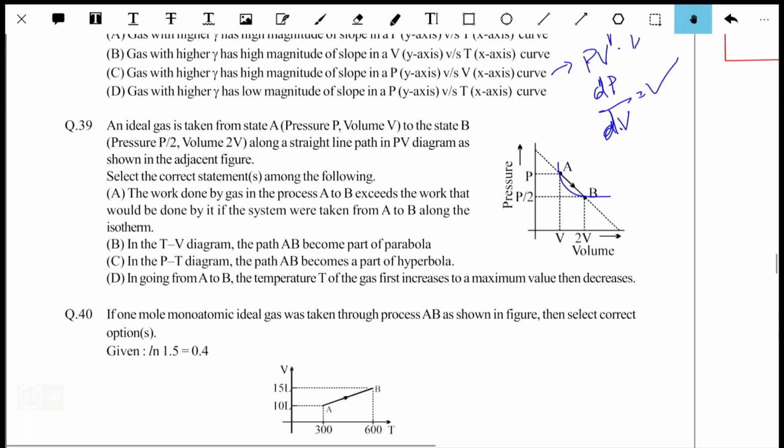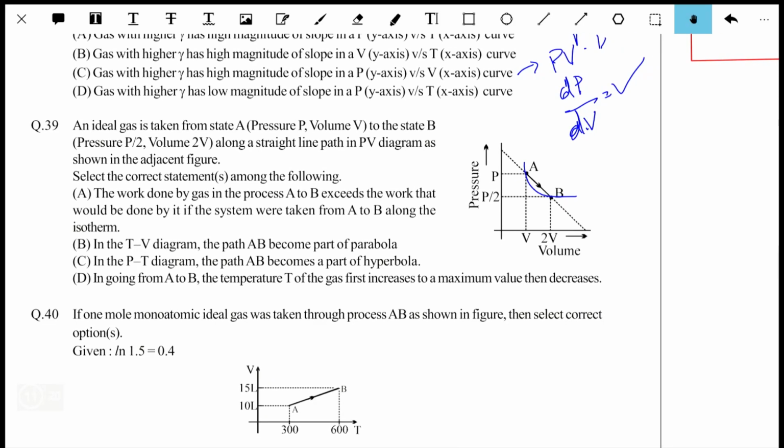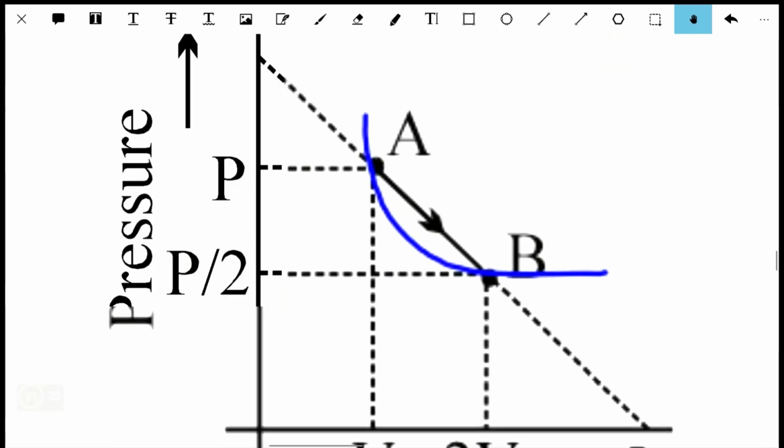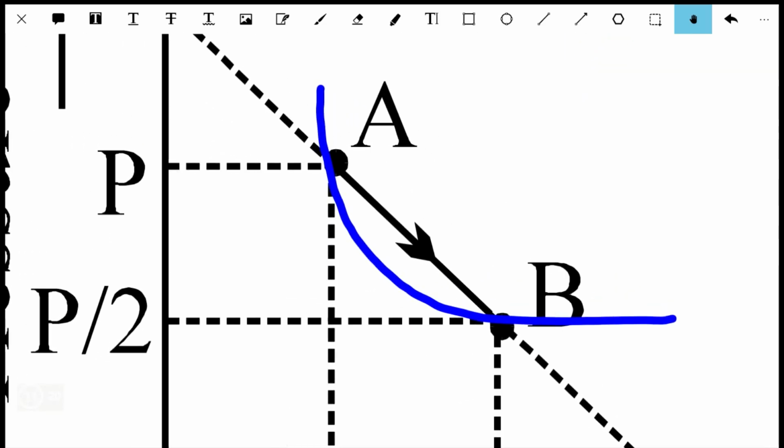And the option D says that in going from A to B, the temperature of the gas first increases to a maximum and then decreases, right? Now see, along the blue line that we have here, temperature is constant throughout, as it's an isothermal plot. Now the temperature here at A is the same as temperature at B. That I forgot to mention.